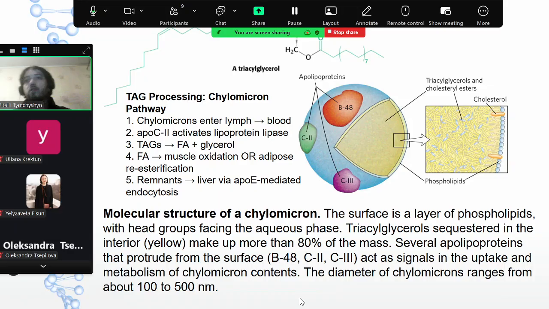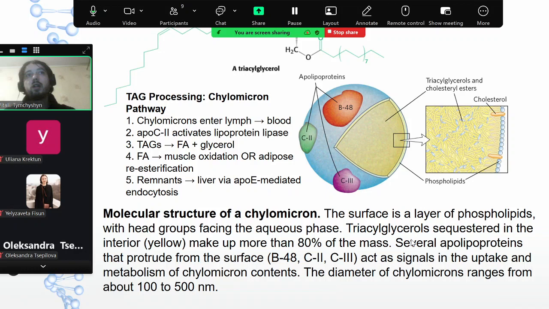So the surface is a layer of phospholipids which have polar heads that are facing the aqueous phase. You might guess why. Water is polar, so it likes something polar.